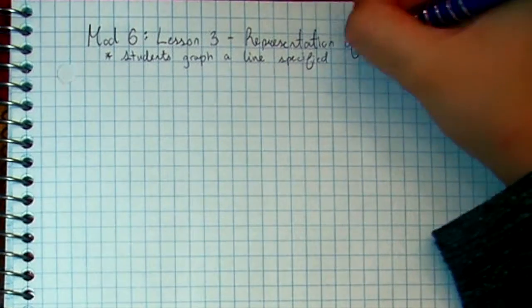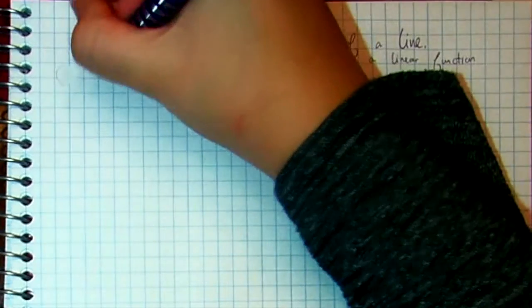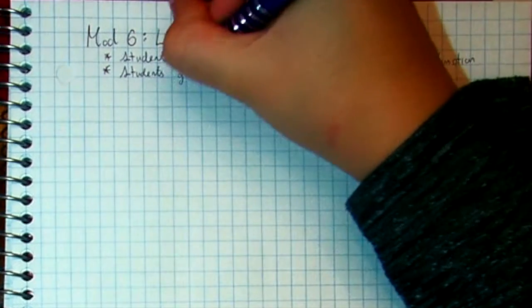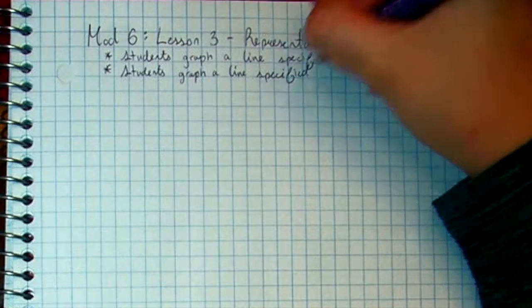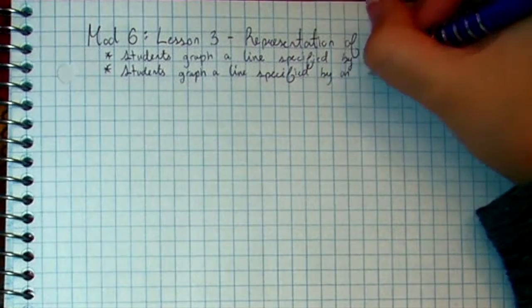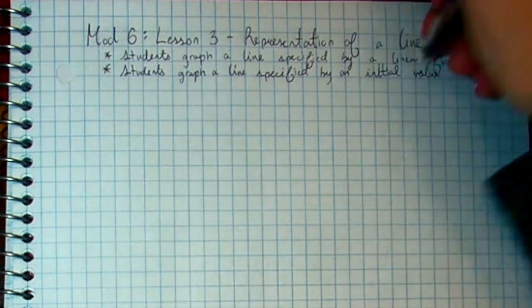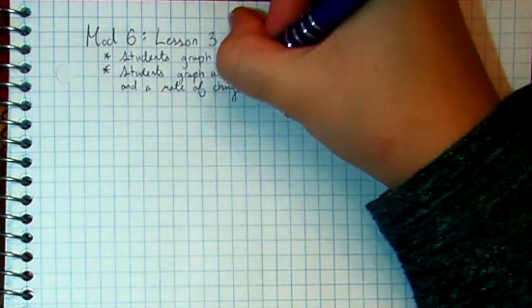So we want to make sure students can graph a line specified by a linear function. Students graph a line specified by an initial value and a rate of change.